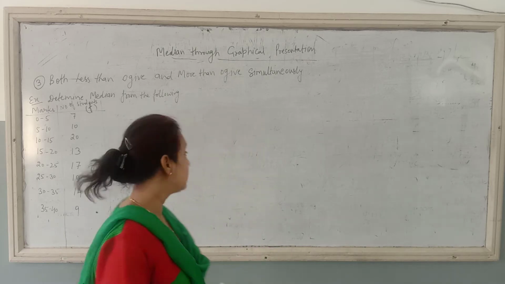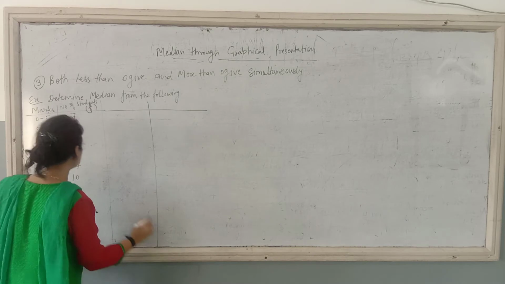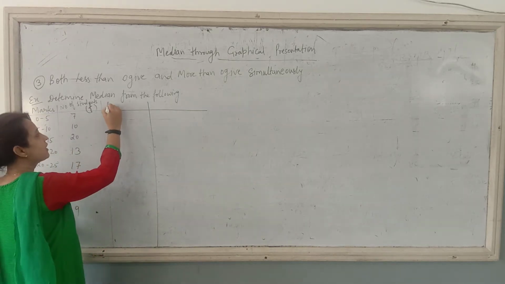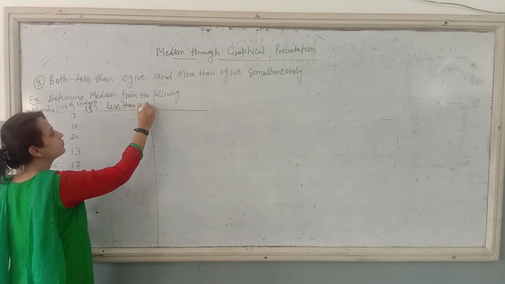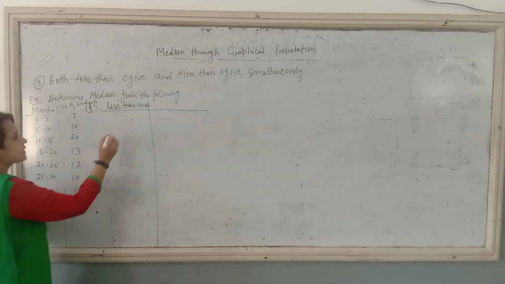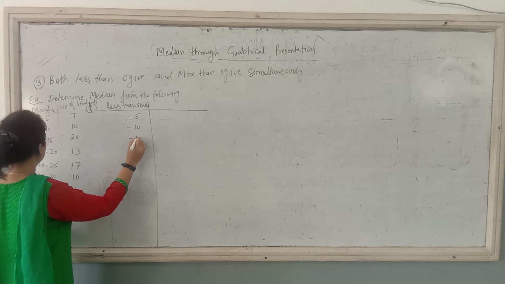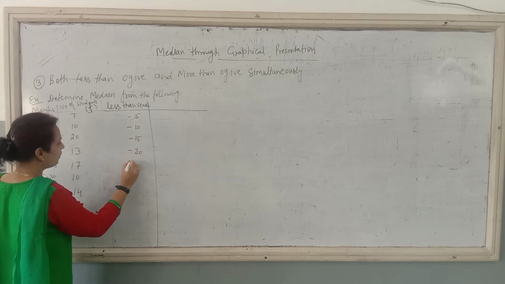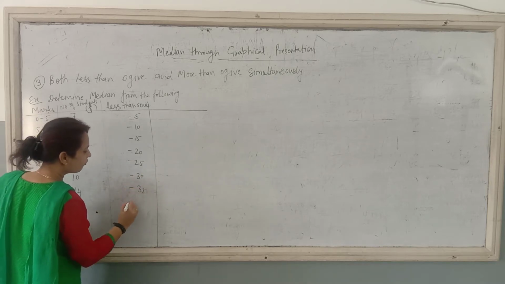All of you know how to convert a normal series into a less than series. First of all, convert into less than series. Write L2 as it is: 5, 10, 15, 20, 25, 30, 35 and 40.